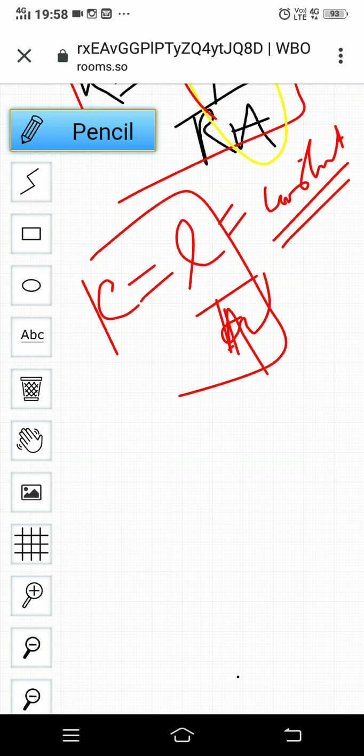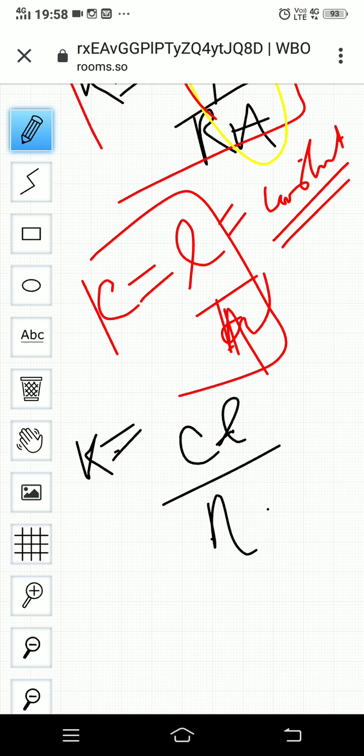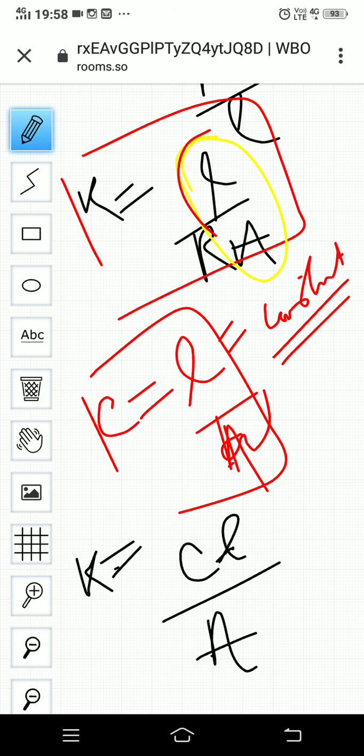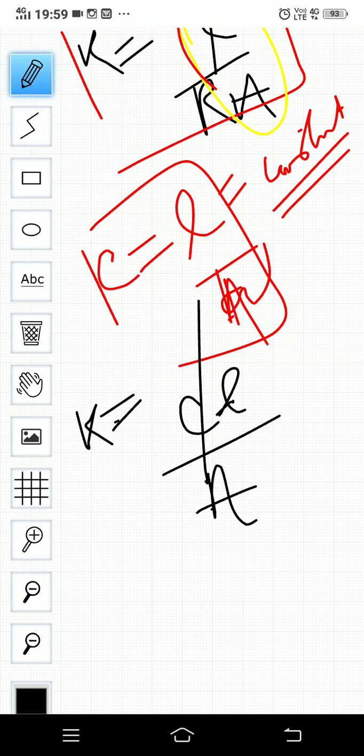Okay, so we can now write it as K is equal to, this L by A portion becomes C, and this 1 by R becomes, is this clear? Oh god, this is so irritating.